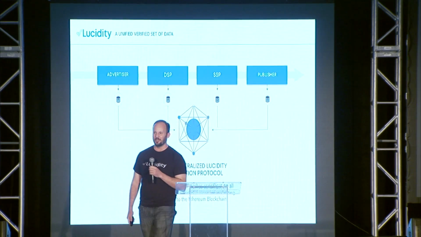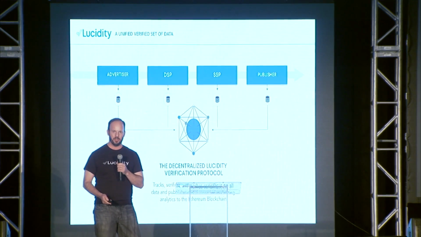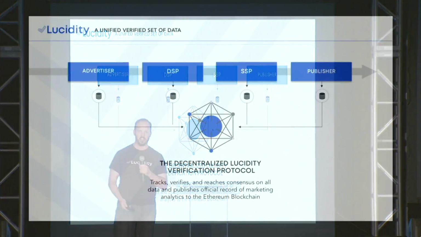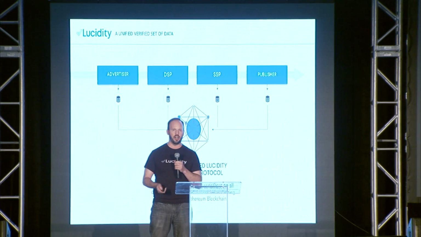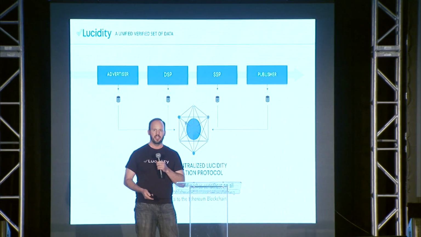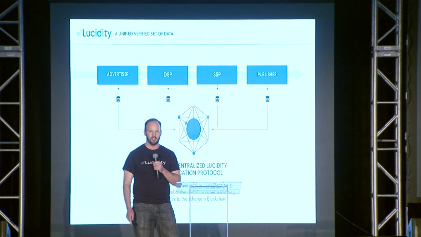And that's exactly what we have built. We have solved these problems by using blockchain as part of our technology stack. In doing so, we've united the data sets that advertisers and publishers and all their technology partners in between can look at, and they can verify this data against our smart contract. So it's all auditable, it's all verified, and it eliminates fraud along the way.